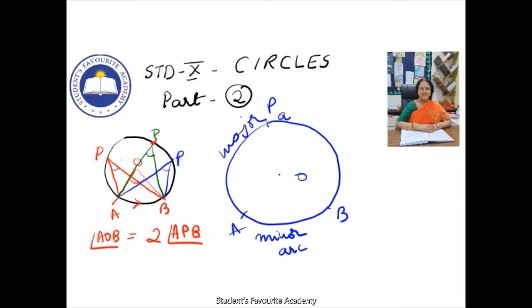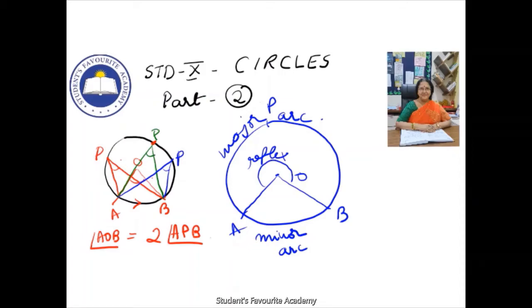That you already know. Now the angle subtended by the major arc at center O will be this reflex angle.